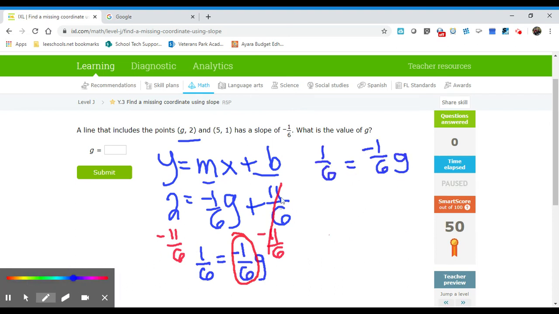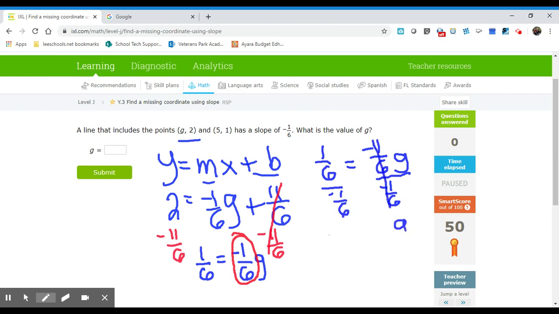Okay, so here I am up here. I just moved it to the top. So we divide by negative 1/6. So I need to divide this side by negative 1/6. So this will cancel out when we do it on the right-hand side. So it'll give us our g. Now what we need to do is 1/6 divided by negative 1/6.